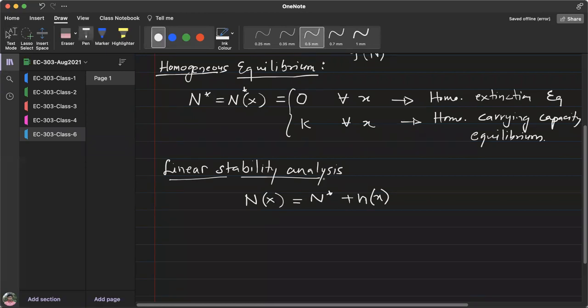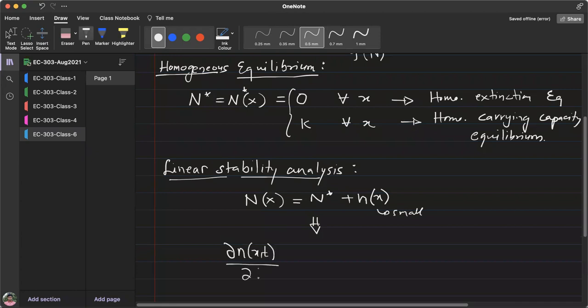What we found was the following equation, where n of x is small everywhere in space, we were able to write down this partial differential equation now.